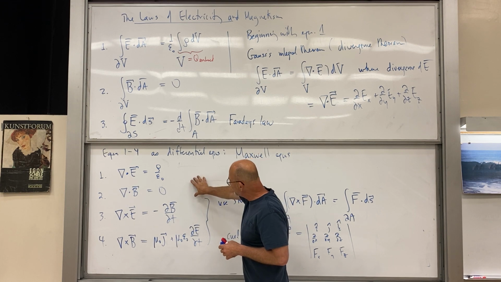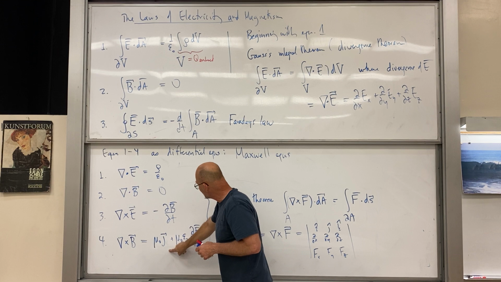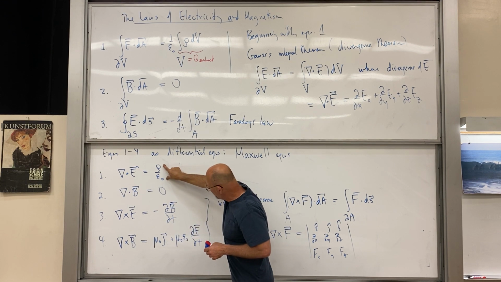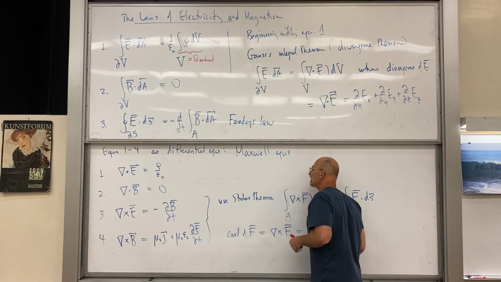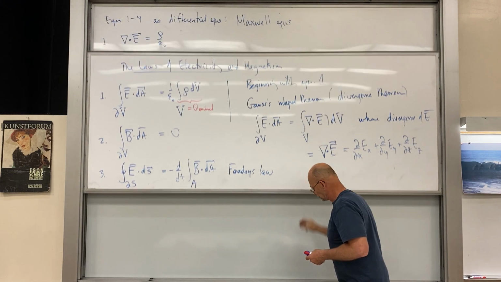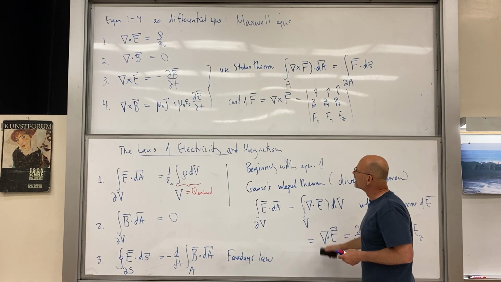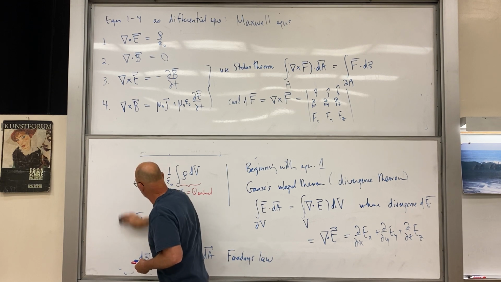So we're going to rewrite these, and if there's no charge density and no current, then we replace rho with a 0 and J with a 0. So this is Maxwell equations in empty space.